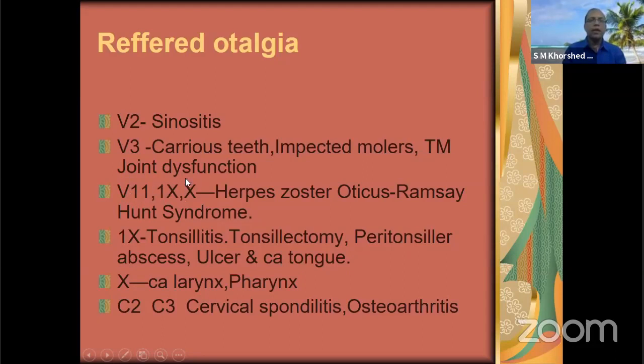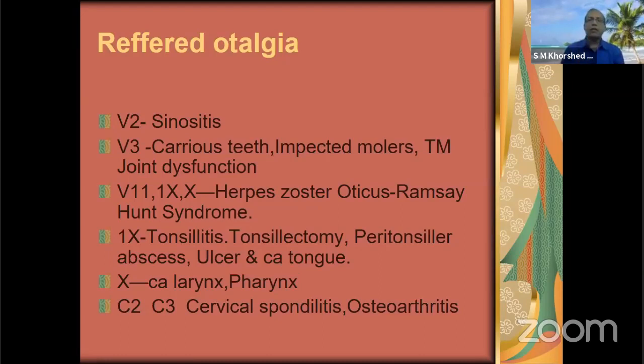7, 9, and 10: Herpes zoster oticus or Ramsay-Hunt syndrome. This is a viral disease that affects particularly these three nerves: facial, vagus, and glossopharyngeal nerve. Herpes zoster oticus causes deafness and facial nerve paralysis.